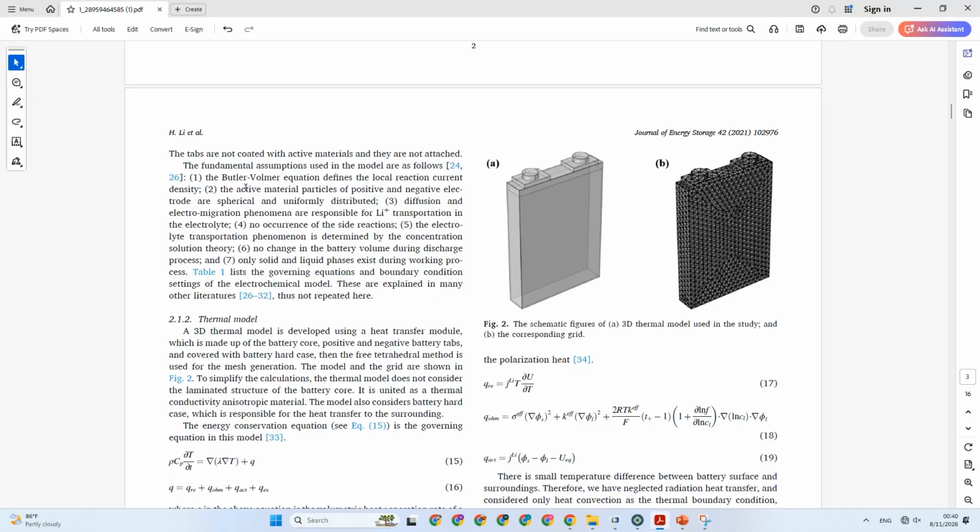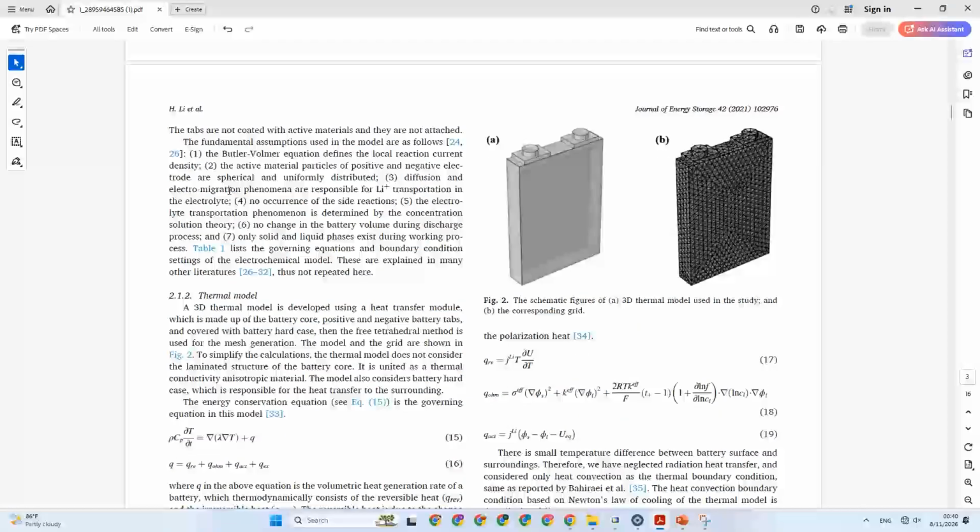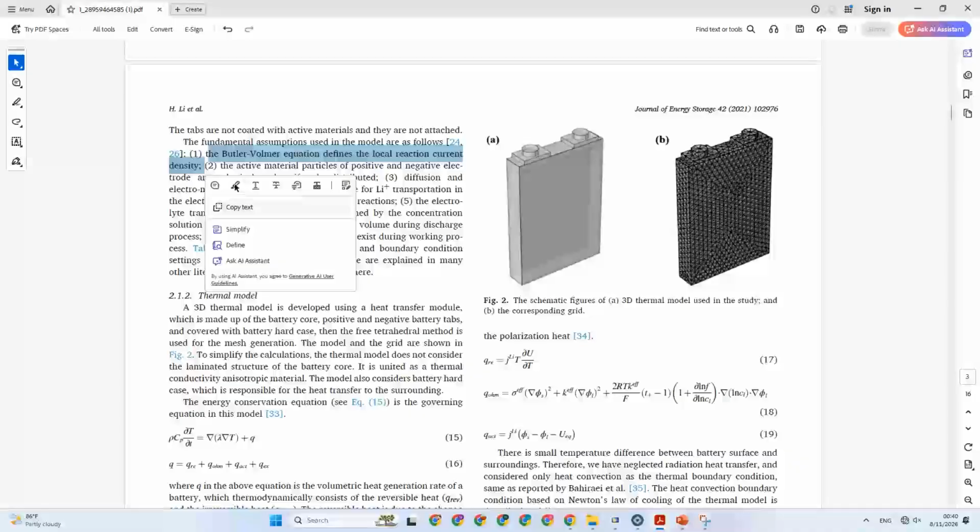One, the Butler-Volmer equation for local current density.